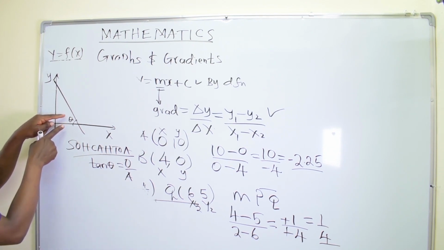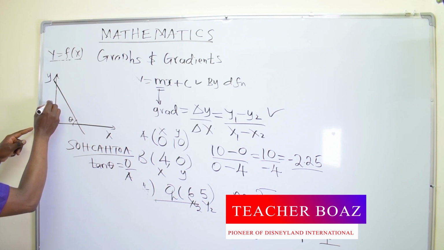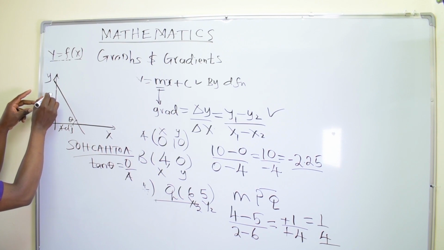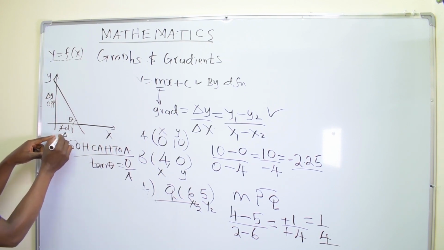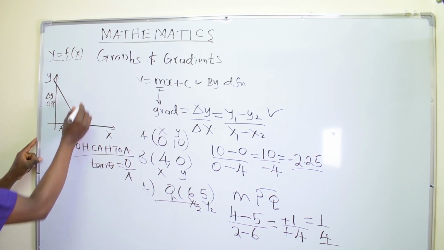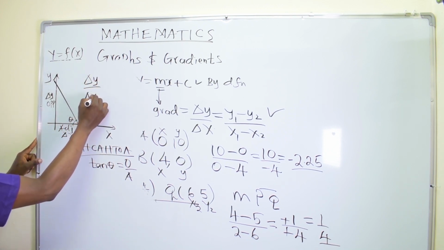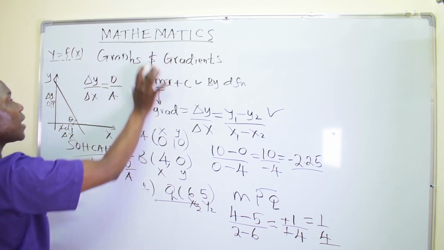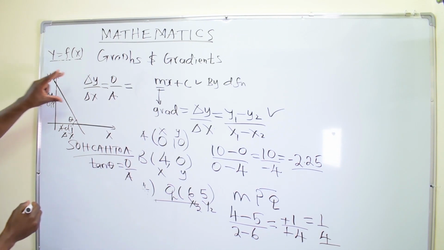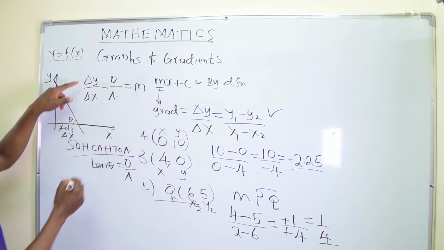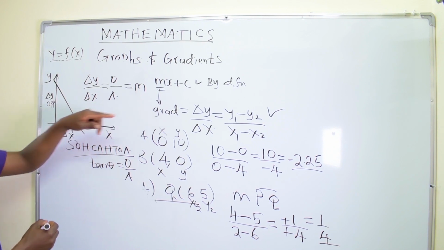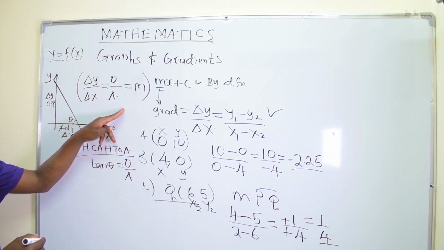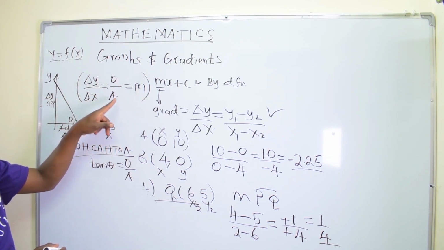Now, if your angle here is theta, the opposite to this theta is this side, and the adjacent to this theta is this side. Remember, the opposite is the change in y, and the adjacent is the change in x. So the change in y over the change in x becomes opposite over adjacent, which is the gradient, because the change in y over the change in x is the gradient. So this is a very important connection: the gradient is the same as opposite over adjacent.